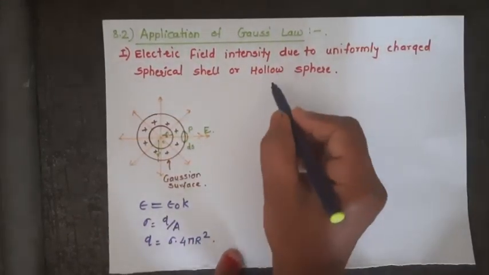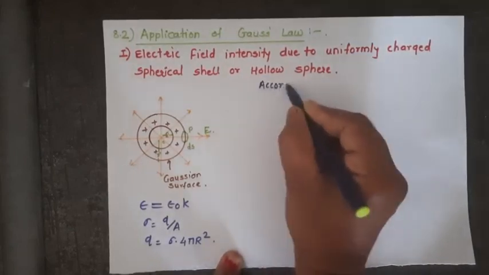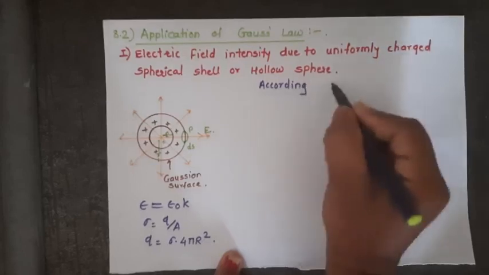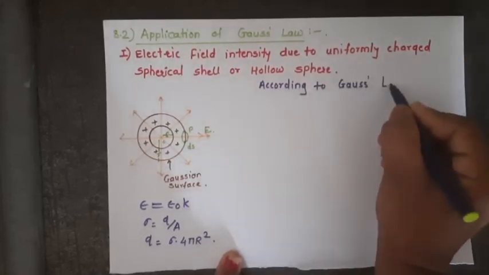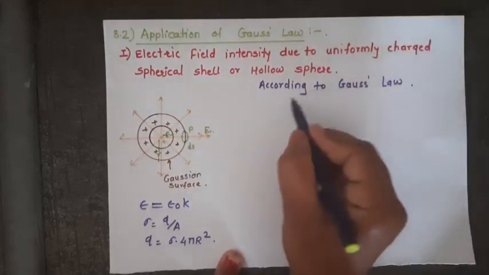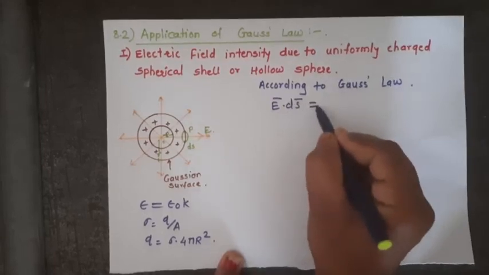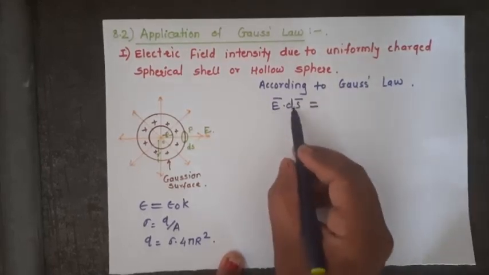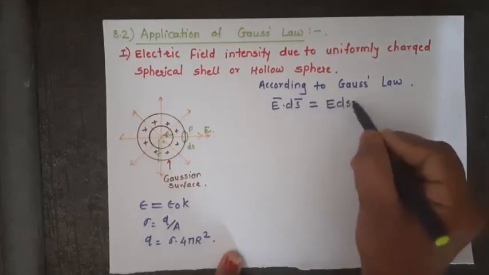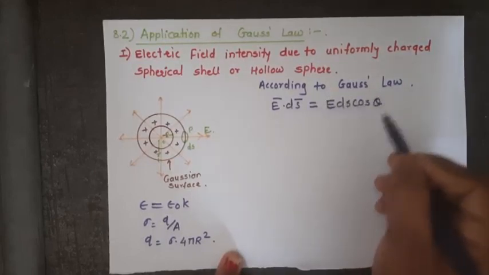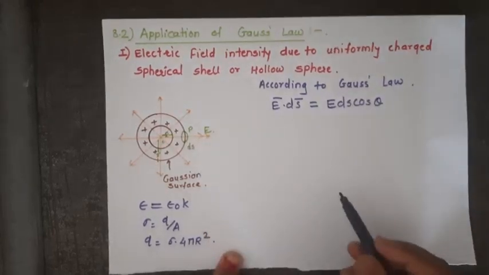According to Gauss's law, E bar dot ds bar, if we open the dot product, can be written as E ds cos theta, where theta is the angle between E and ds.